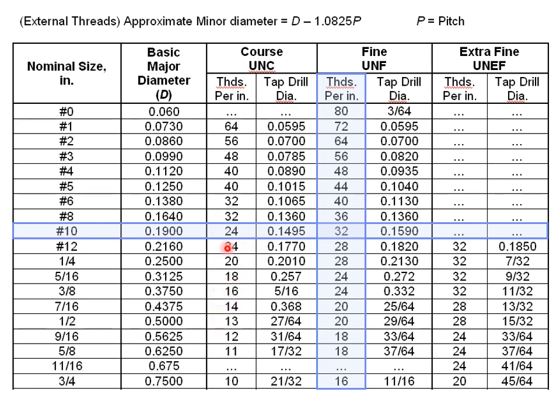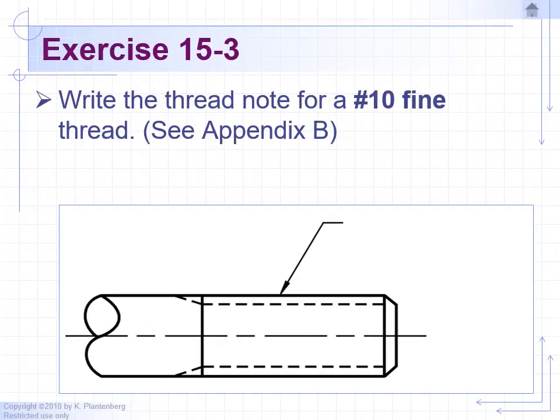Okay, so let's take a look at this one, number 10. So if your boss asks you for a number 10-32, how would you call this out on a drawing? So if your boss asks you to order a number 10 fine thread, then you will go to your previous slide, look at the table, look for fine, and it would tell you for fine thread, you're going to use 32 threads per inch. Okay, so you would call it out, the external thread is a 10-32, meaning 32 threads per inch if this has a length of 1 inch.